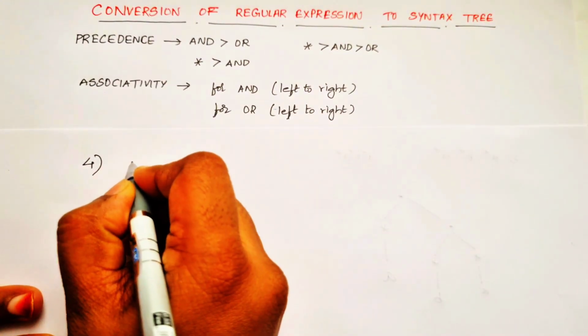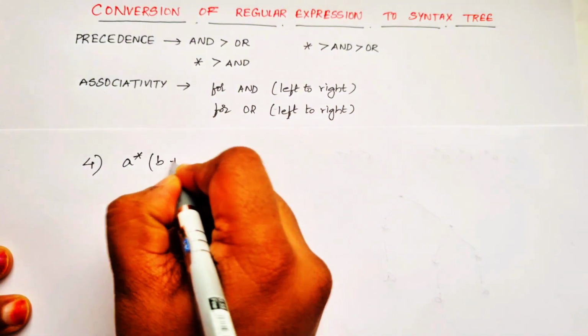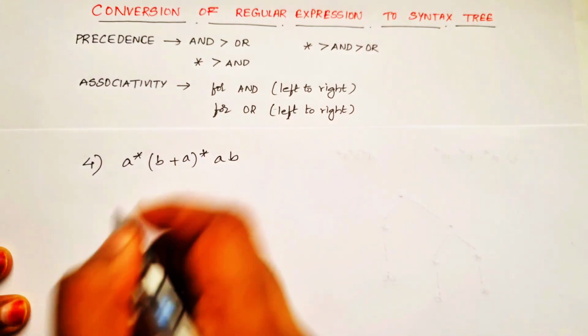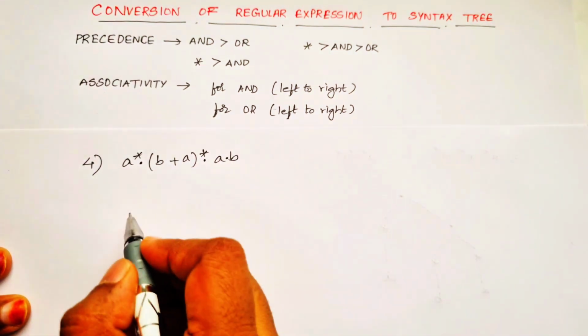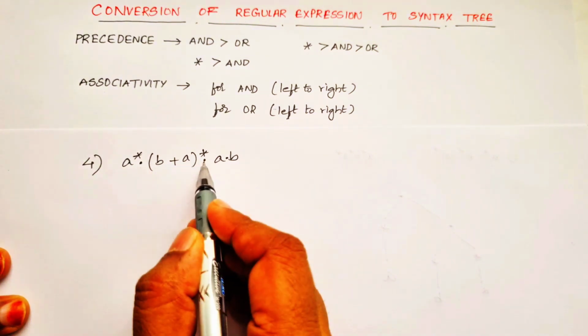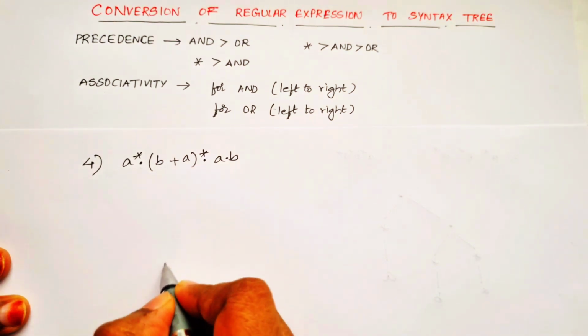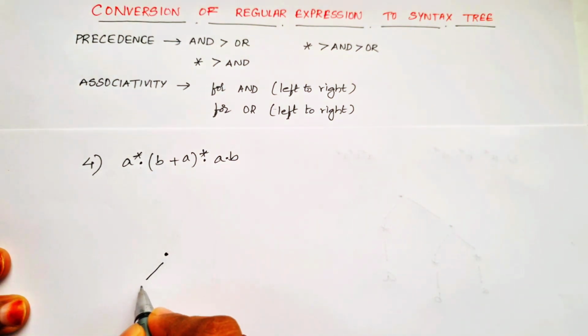Fourth example, A star B plus A star A B. Here you have concatenation. This dot is performed first and then this and then this. I am taking this dot, and to its left side what do you have?